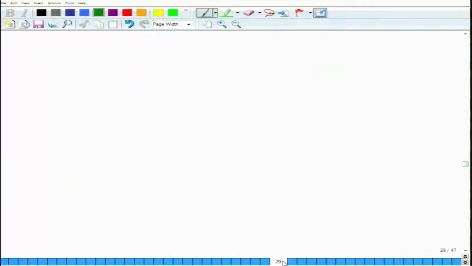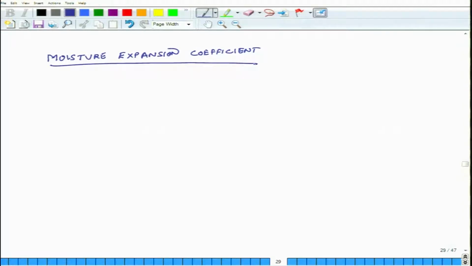Next we will look at moisture expansion coefficients. A lot of matrix materials, when they are subjected to humidity, absorb moisture, and in the process their overall volume becomes larger.